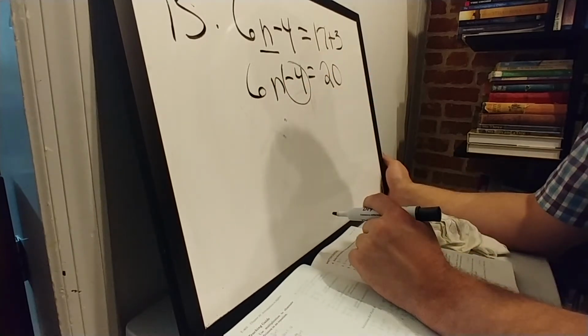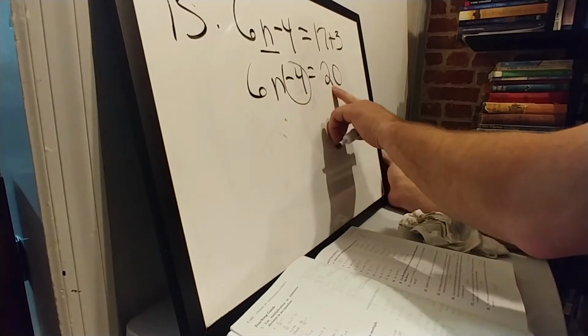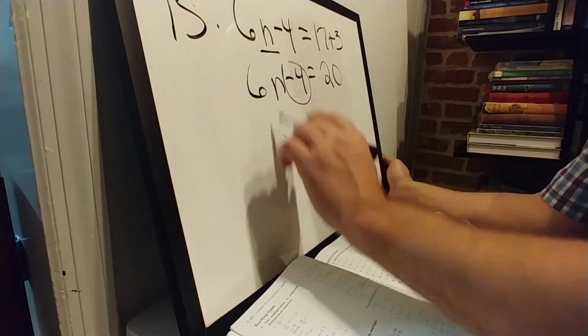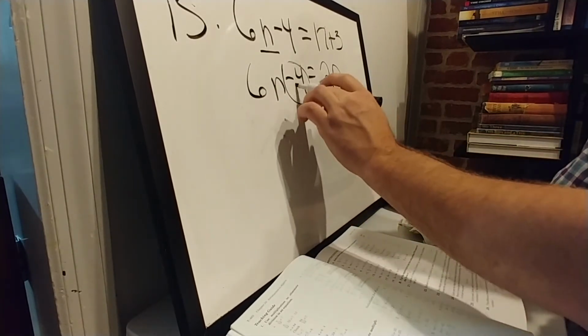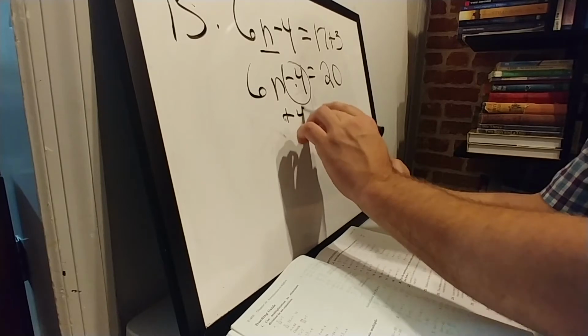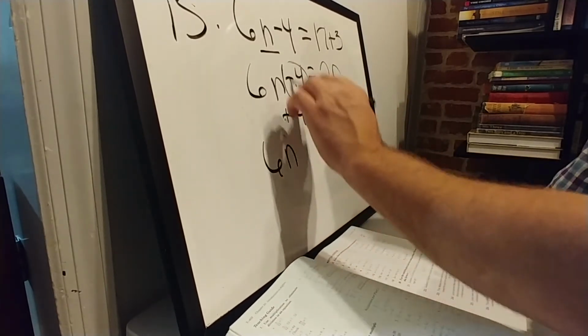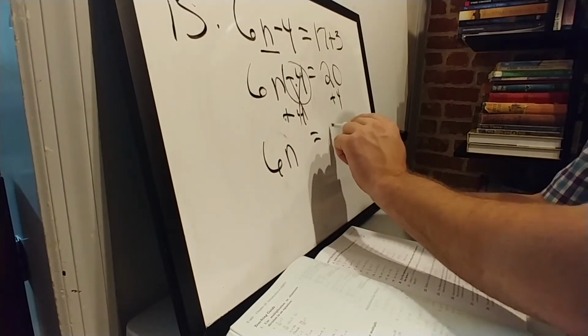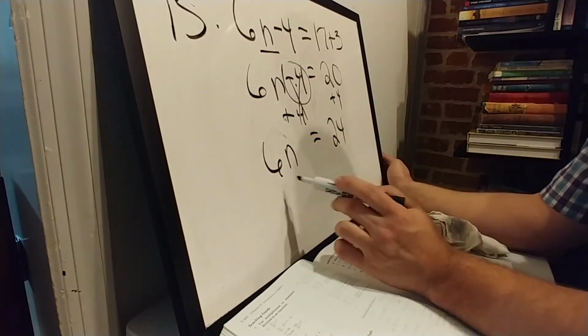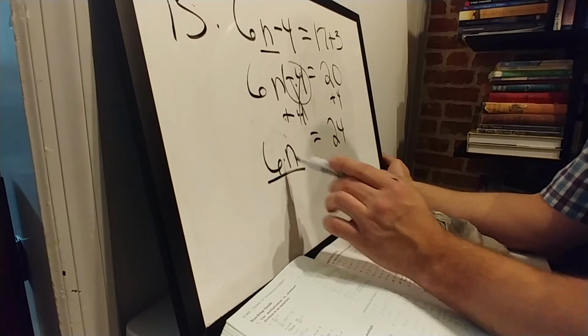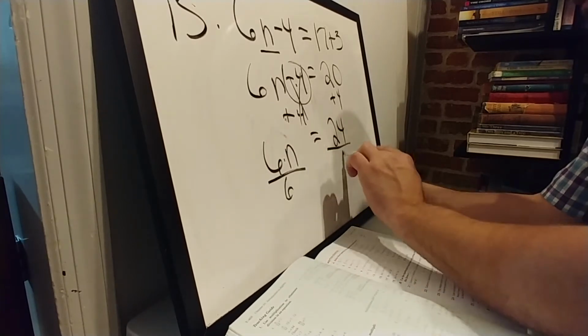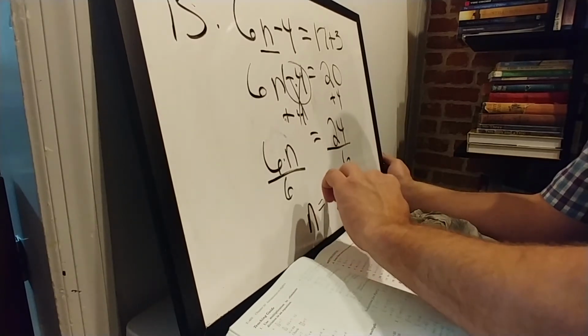And the reason is that 20 doesn't divide evenly by 6, so it would be kind of hard to divide this whole thing by 6. But if we get rid of the 4 first, plus 4 plus 4, we get down to 6n, these cancel, equals 24. And then we want to get rid of the 6. It's multiplication, so we divide by 6, and n equals 4.